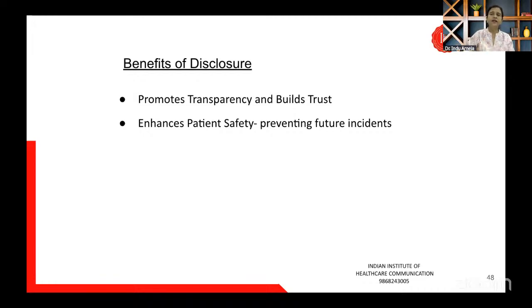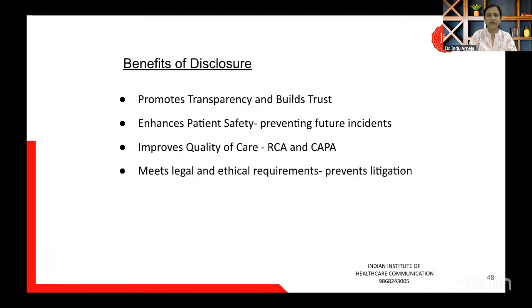But once it is brought to the knowledge of the team and the stakeholders, at least root cause analysis can be done, and CAPA can be implemented, where you take corrective action and preventive action, so that at least future cases can be prevented. Like I said, if you share this with your team and tell them whatever has happened, you will be able to improve the quality of care by using RCA and CAPA.